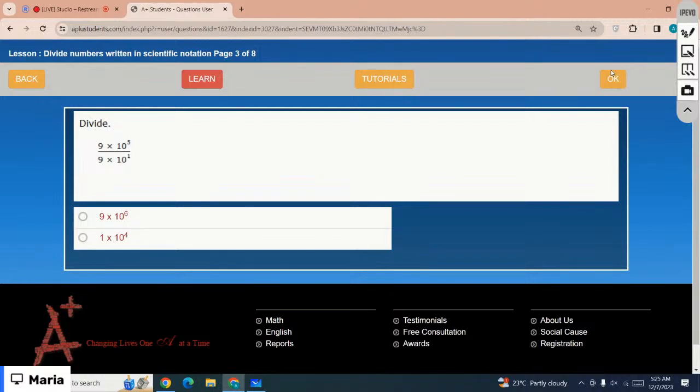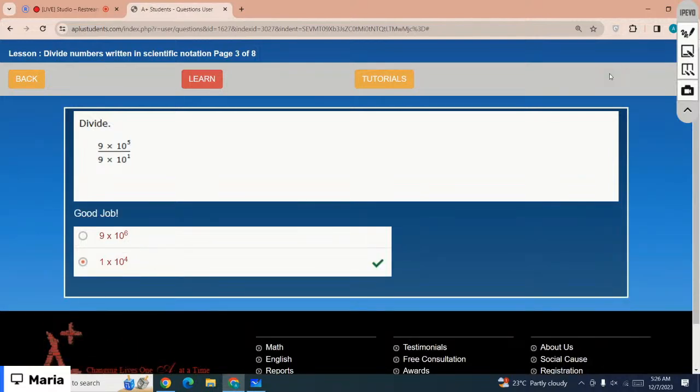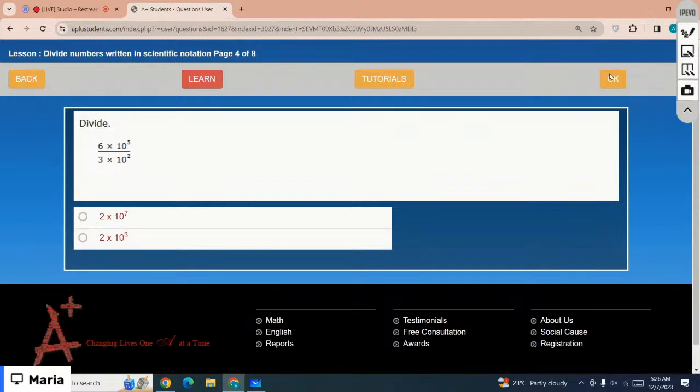Yes, the correct option is 1 times 10 exponent 4. Option number 2 is the correct option, right? Okay, the next one is 6 times 10 exponent 5 divided by 3 times 10 exponent 2.